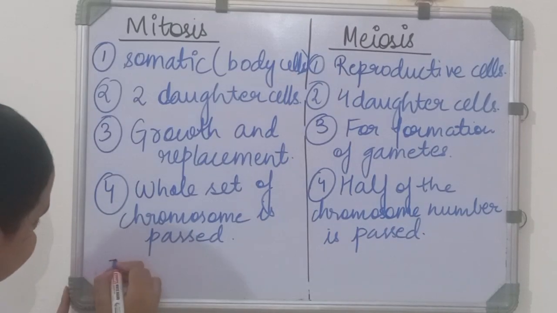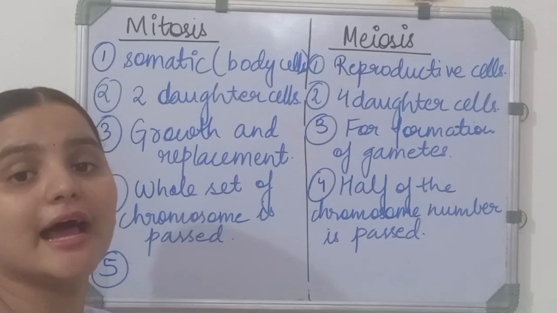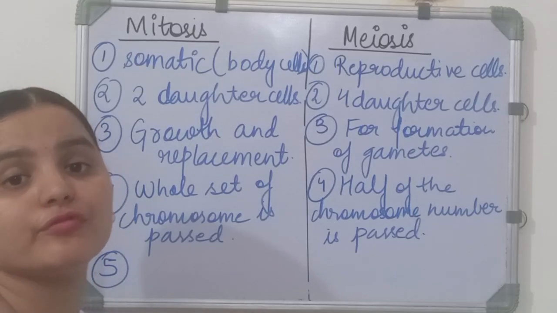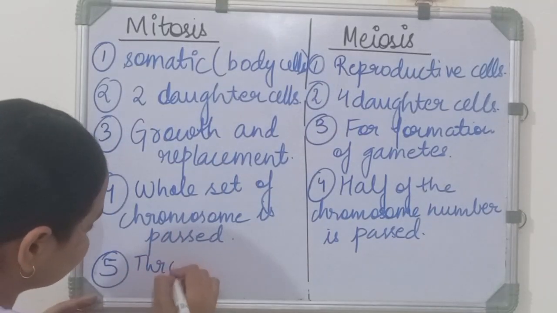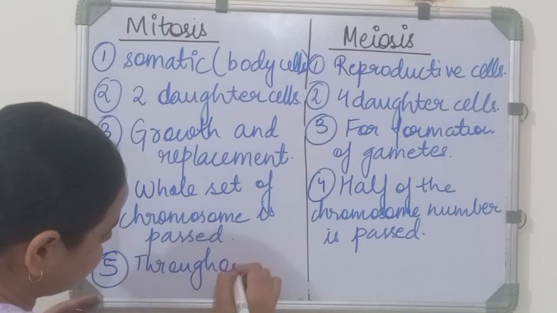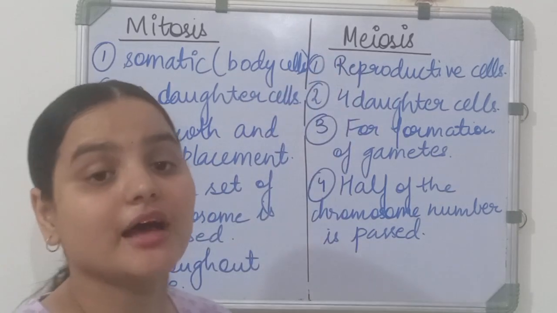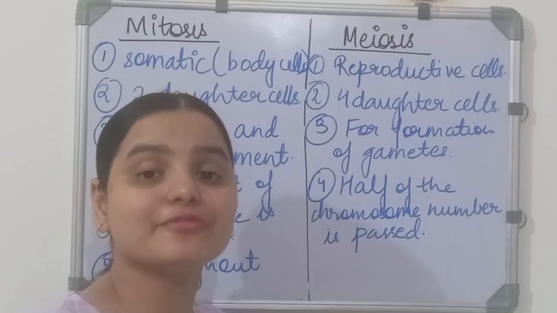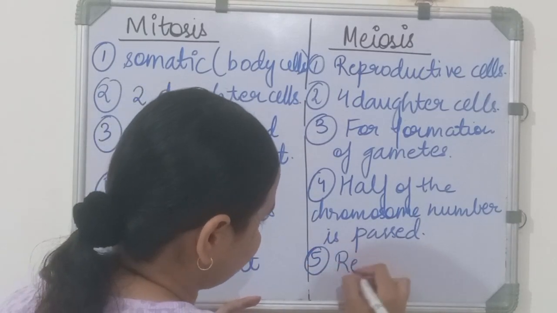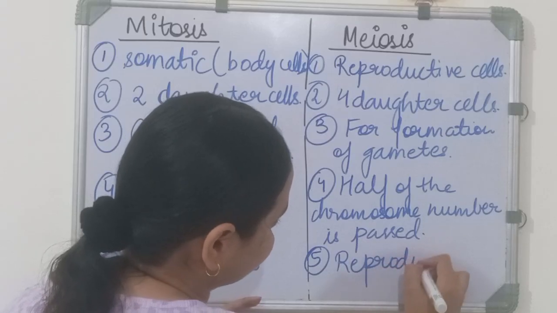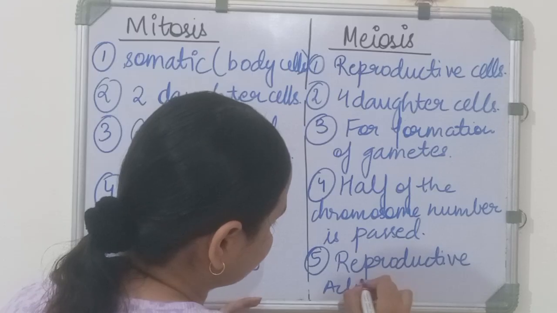Now the fifth difference. Mitosis occurs throughout life for the growth and development of new tissues and cells, whereas meiosis occurs only in the reproductively active stage.